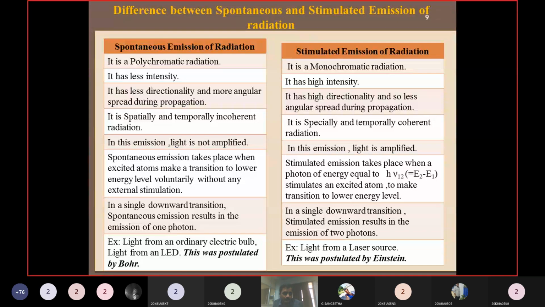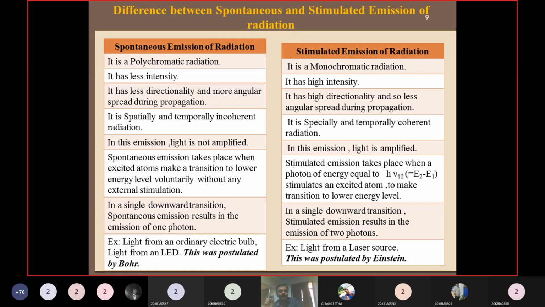In the case of spontaneous emission, the emitted light has less intensity. In the case of stimulated emission, the emitted light has high intensity. Already you know the reason for intensity: the number of photons per unit area. In spontaneous emission, different photons move in different directions, so all photons do not come in a single direction.